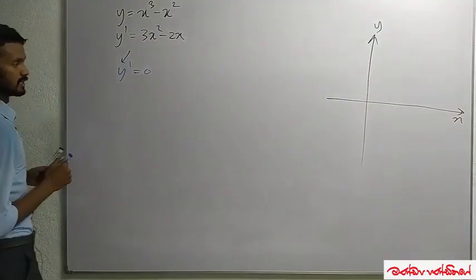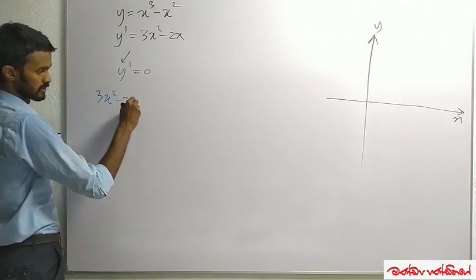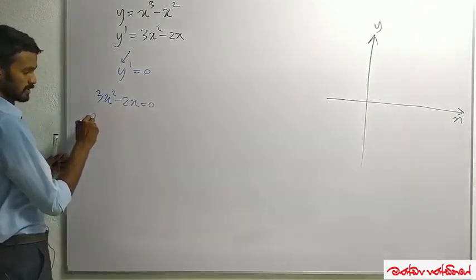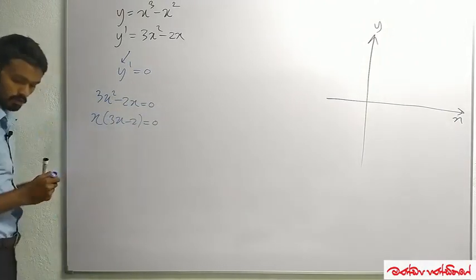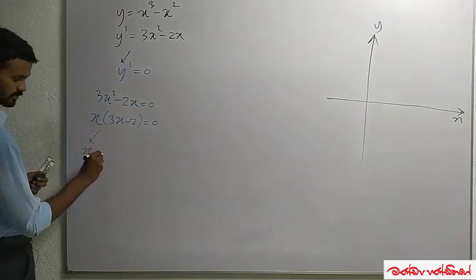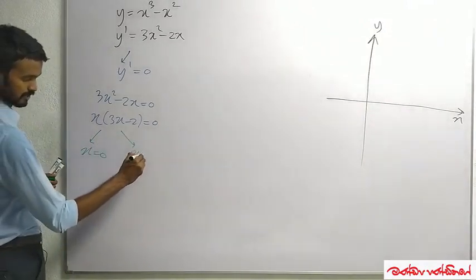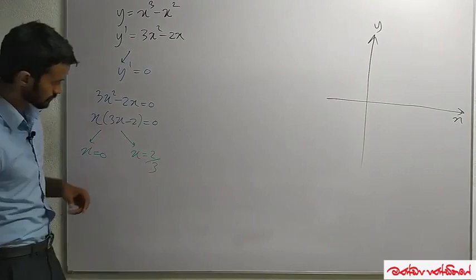So 3x squared minus 2x equals 0. x is common, so x(3x minus 2) equals 0, and I get two turning points: x equals 0 and x equals 2 over 3.